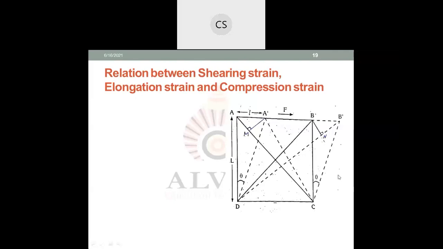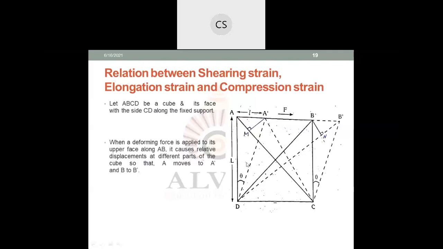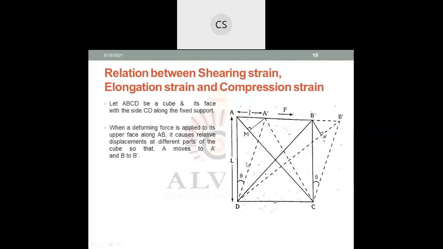All right, so let us consider a cube. The bottom of the cube, CD, is fixed, and you are applying a deforming force F, a tangential force F, onto this cube. Then what exactly happens? You see that it undergoes a deformation. I think you can see my mouse pointer, right?